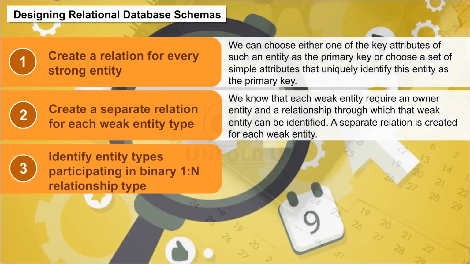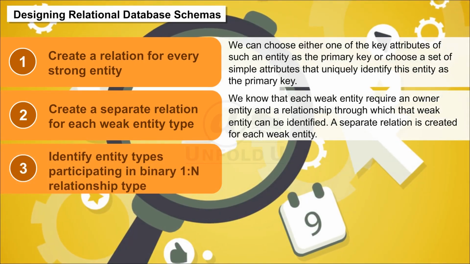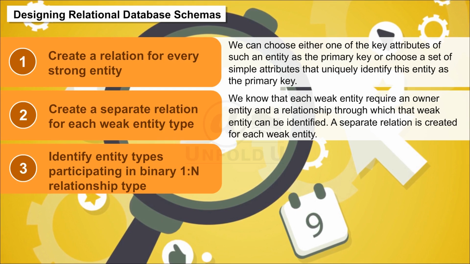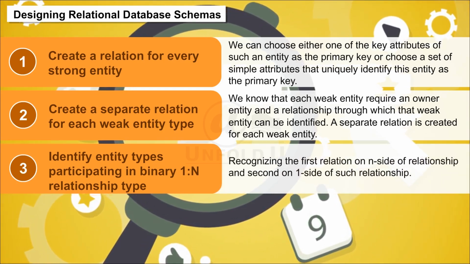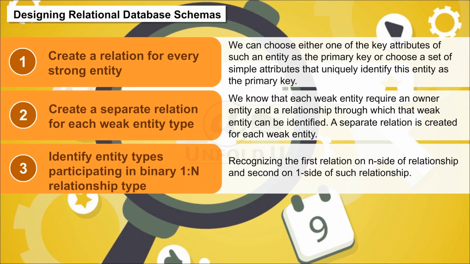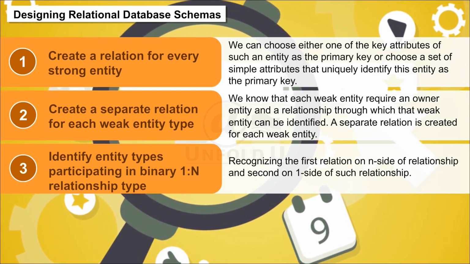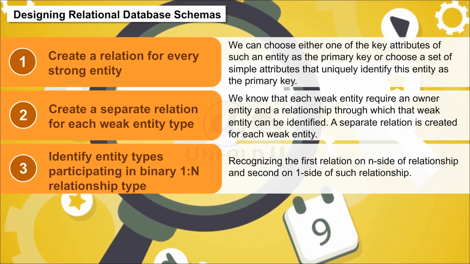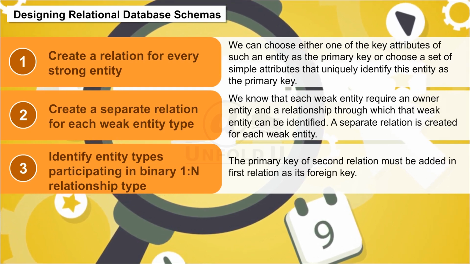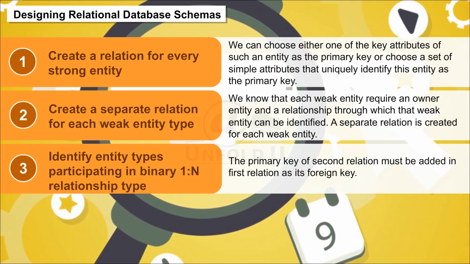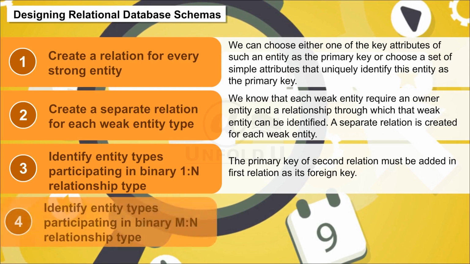3. Identify entity types participating in a binary 1:n relationship type, recognizing the first relation on the n side of the relationship and the second on the one side of such relationship. The primary key of the second relation must be added in the first relation as its foreign key. 4.